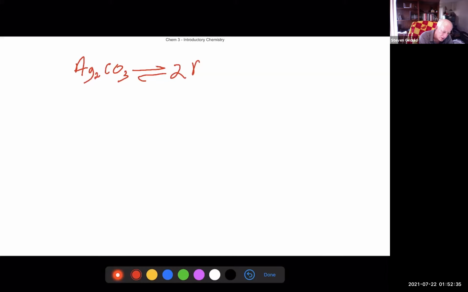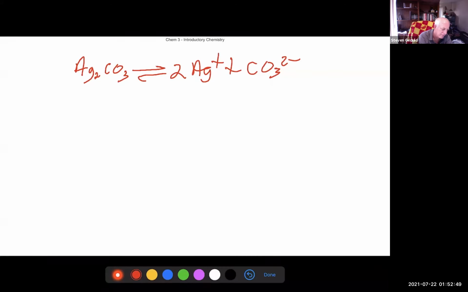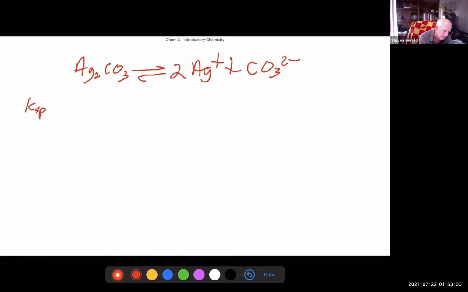Goes to 2Ag+ and CO3 2-. Okay, so your solubility product is what you're dealing with, right? And it says for a saturated solution, Ksp is equal to the concentration of Ag+ squared times the concentration of carbonate ion.